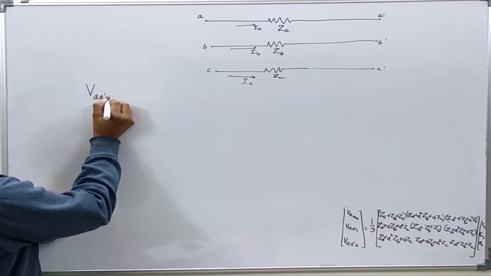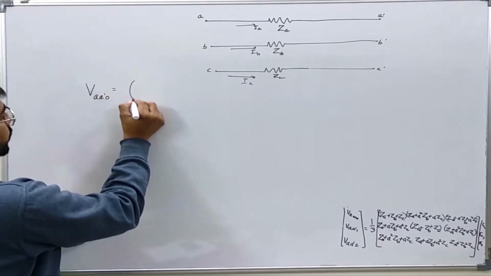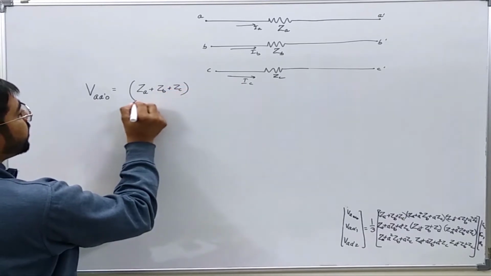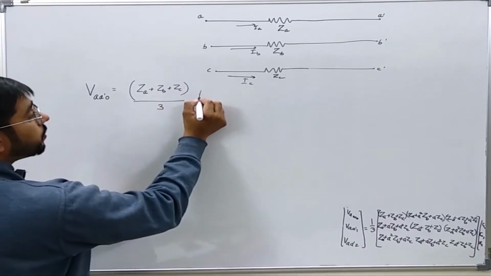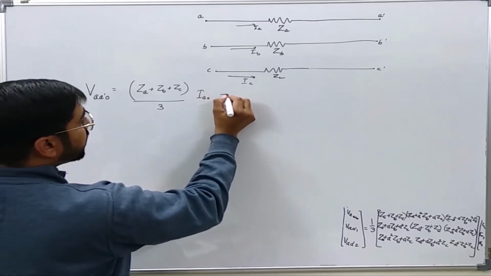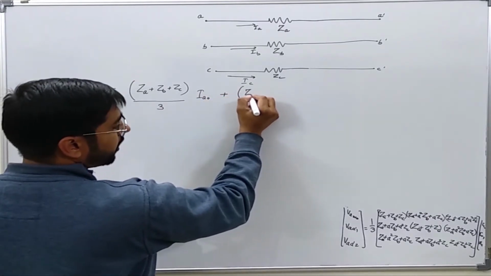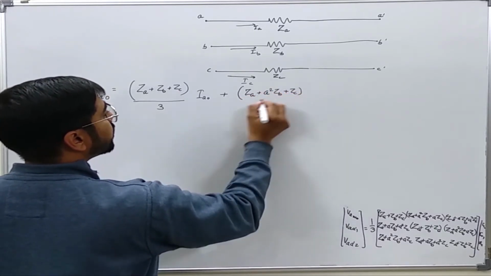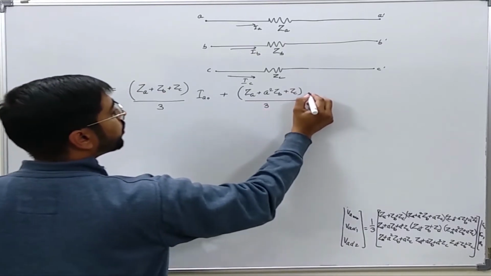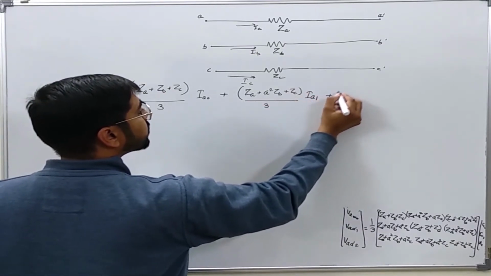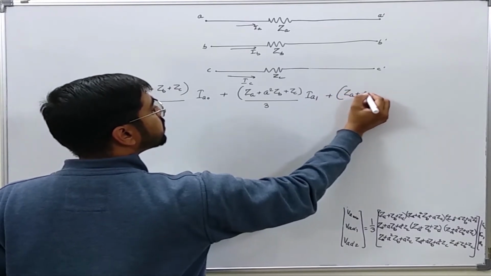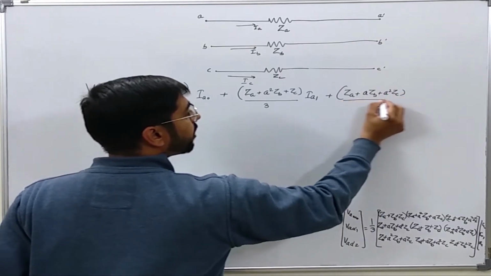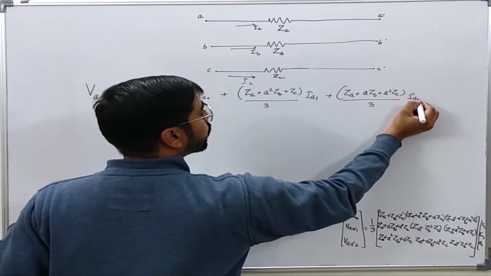VAA'0 equals ZA plus ZB plus ZC divided by 3 into IA0 plus ZA plus A square ZB plus AZC divided by 3 into IA1 plus ZA plus AZB plus A square ZC divided by 3 into IA2.